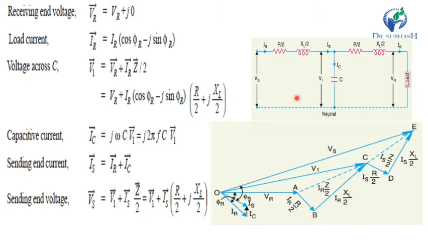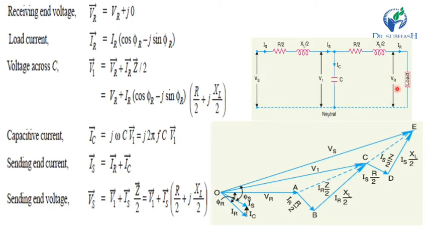First of all, we draw the phasor diagram. For drawing any phasor diagram, first we take a reference value. In our method we take VR as the reference.